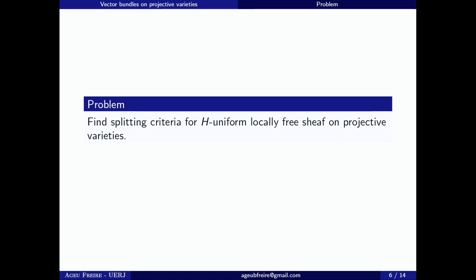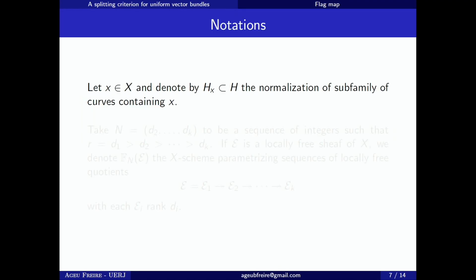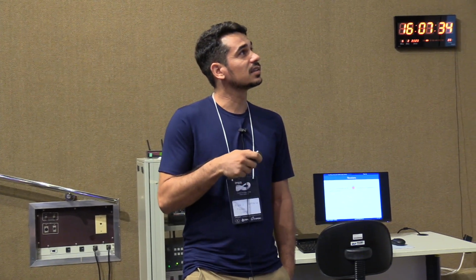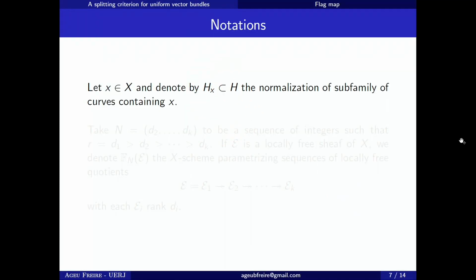In order to answer this question, or at least a part of it, let me fix some notation. Given H an irreducible component of RatCurves and a point x in our variety X, we denote by H_x the normalization of the family of curves in H that pass through x.